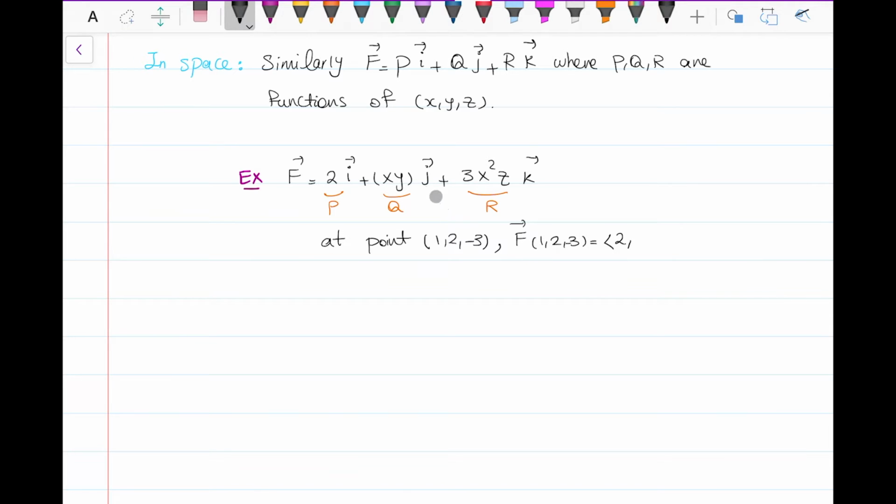And then we get 1 times 2, which is 2j. And then we get 3 times 1 squared, and then z, which is -3, which is -6. We get the vector 2, 2, and then -6. At every point in the space, we get a vector.